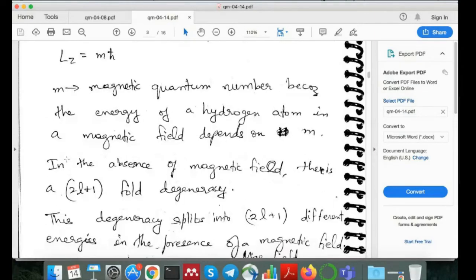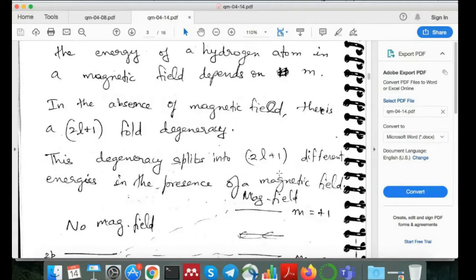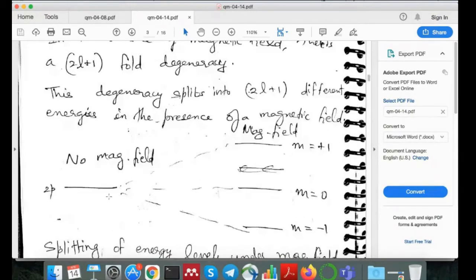All right. So in the absence of a magnetic field, there is a 2L plus 1 fold degeneracy, and this degeneracy splits into 2L plus 1 different energy levels in the presence of a magnetic field. This is what I've drawn here. Suppose this is the 2p orbital level. 2p means n equal to 2, and p means L is equal to 1. So M can take three values, minus 1, 0, and 1. If there is no magnetic field, these three states are at the same energy level.